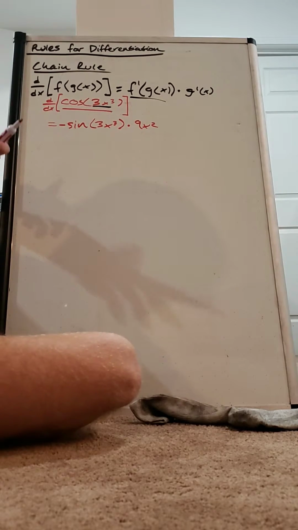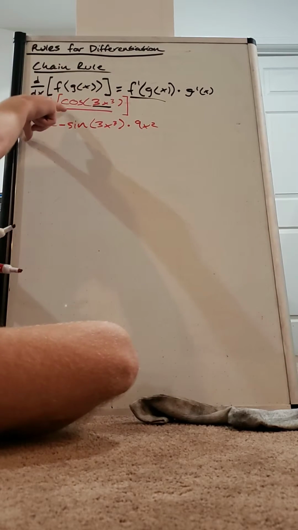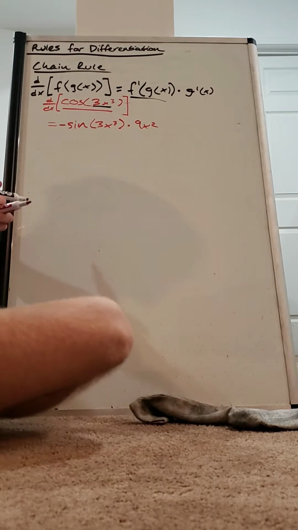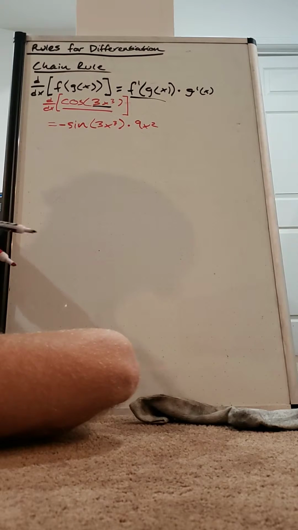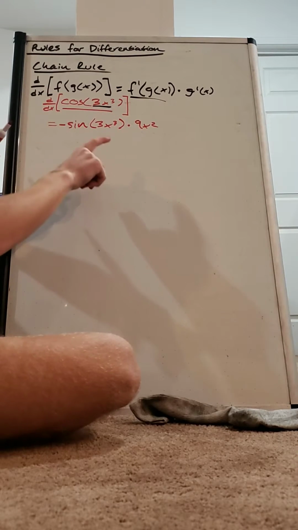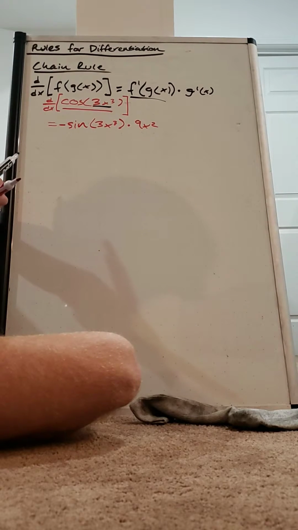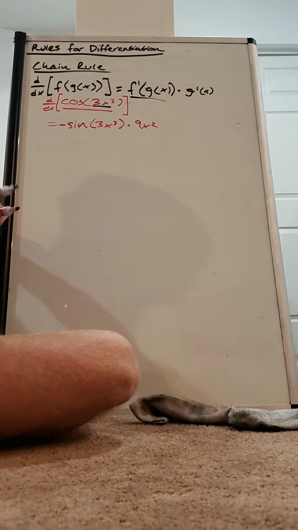And that's how you do the chain rule. You just take the derivative of the first one and multiply it by the derivative of the inside. A way to remember that is the derivative of the outside times the derivative of the inside. And this one is something you really need to know.